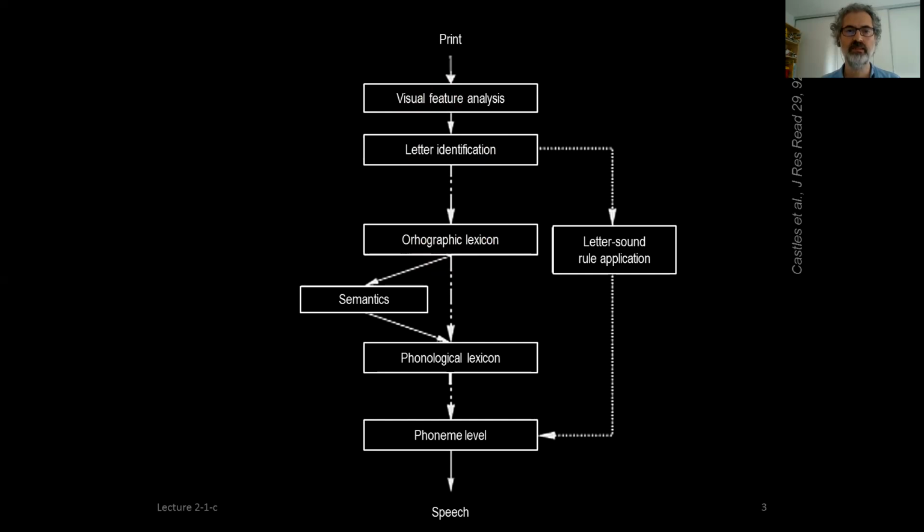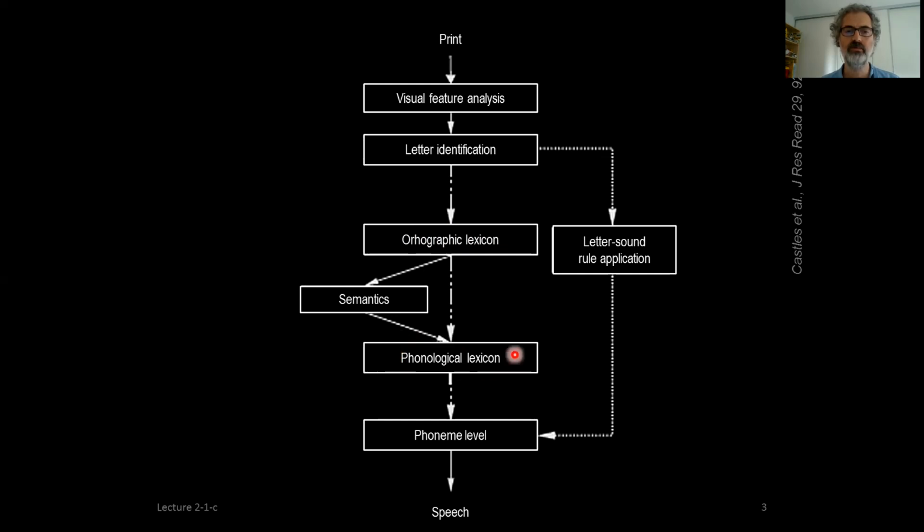This means that the dual route cascaded model assumes that individual words are stored as entities inside the model, that is, inside our minds. Indeed, they're right here. This is called the orthographic lexicon. And there are also the phonological word forms of the words stored as entities here. So this is the phonological lexicon.